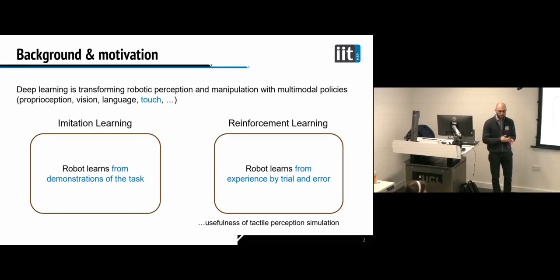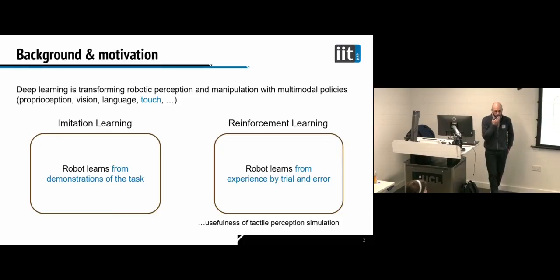It's a very active research area, and it's very useful, especially when vision is occluded or disturbed. For example, vision models, when lighting conditions change, might go out of distribution, and you might have a degradation in performance.